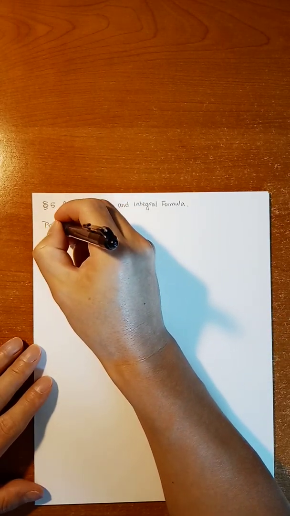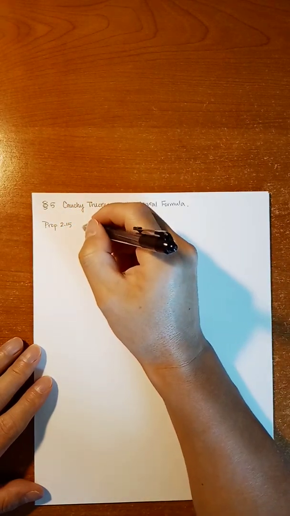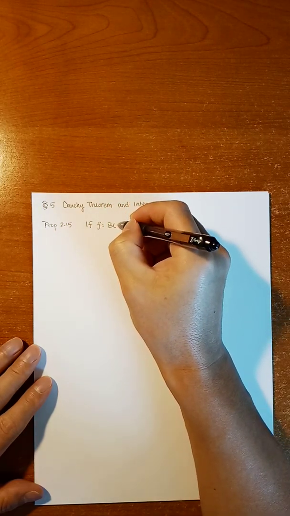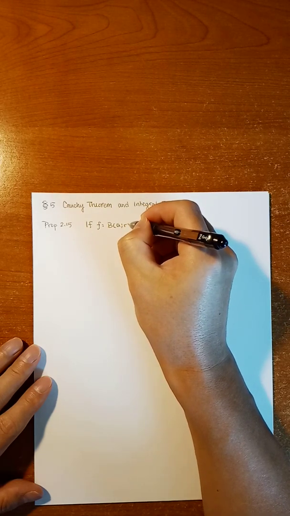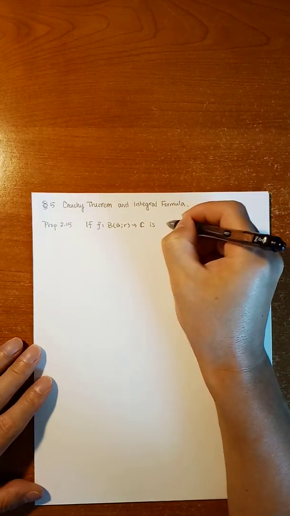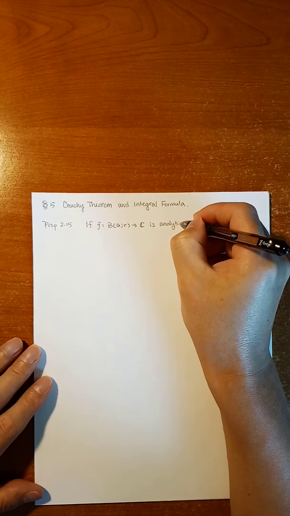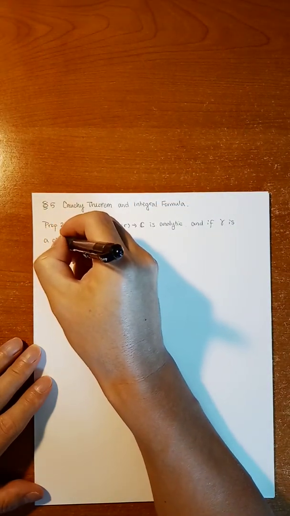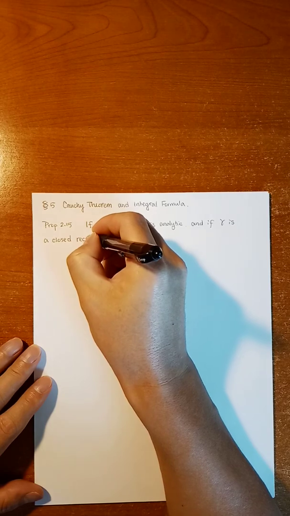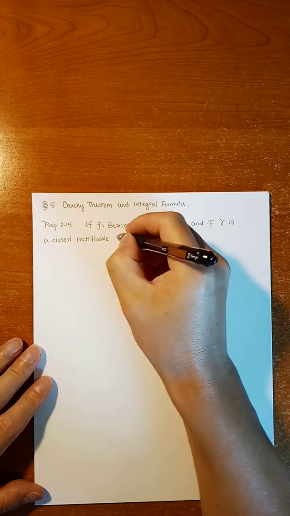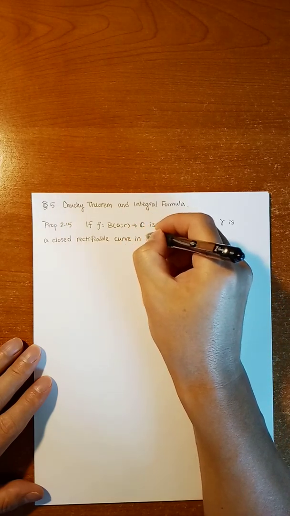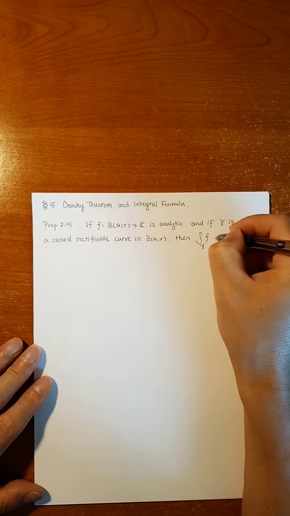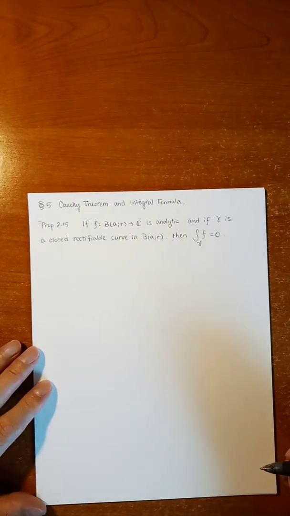If f from the open disk centered at A with radius r to C is analytic, and if gamma is a closed rectifiable curve in the disk, then the integral of f along gamma is equal to 0, right? So we know this one.